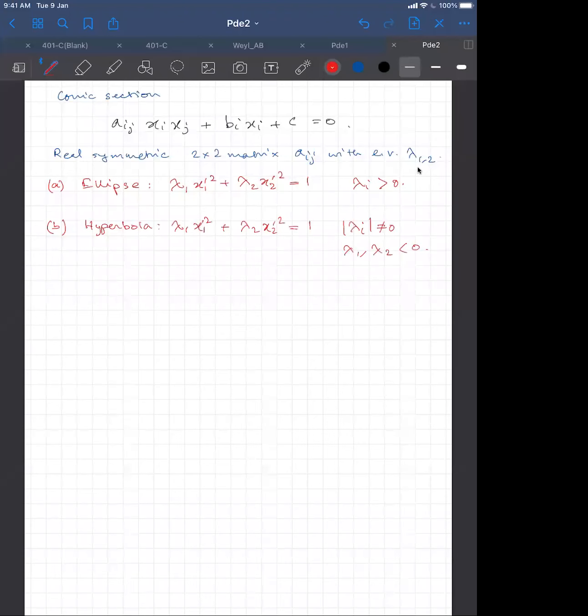Or finally, a parabola if lambda 1 x1 prime squared plus b x2 prime is equal to 0.